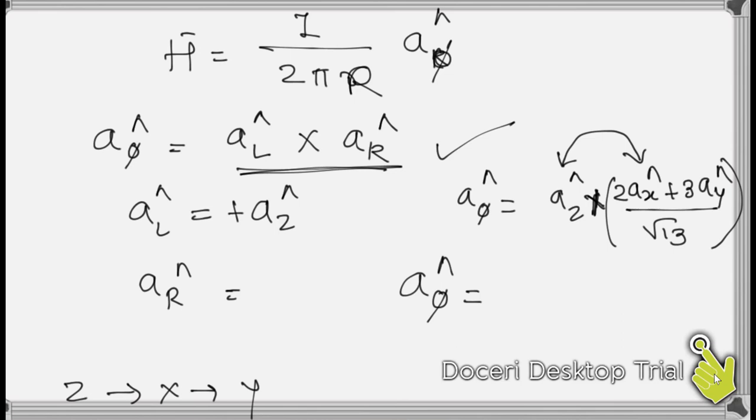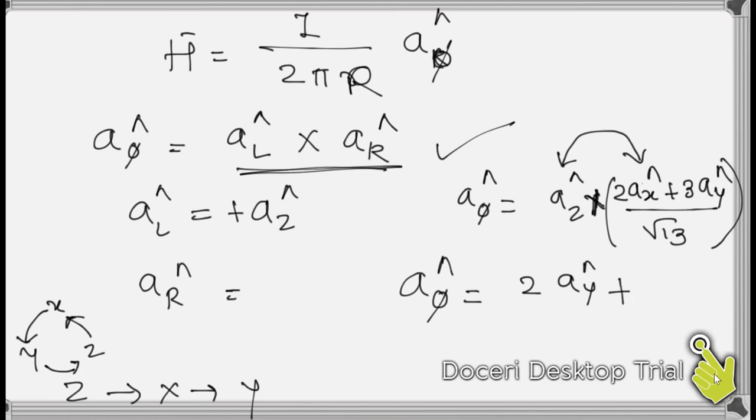So it is x, y, z: x to y clockwise, y to z clockwise, z to x clockwise. So it will give us plus aY cap. So aZ cross aX is equal to 2 times plus aY cap.